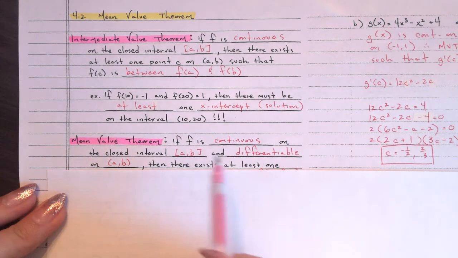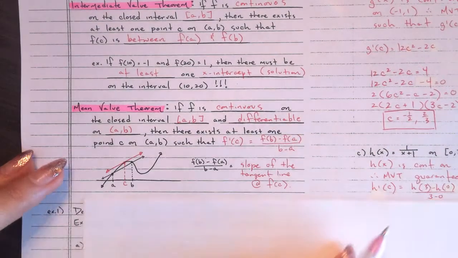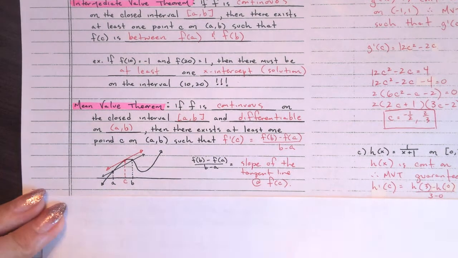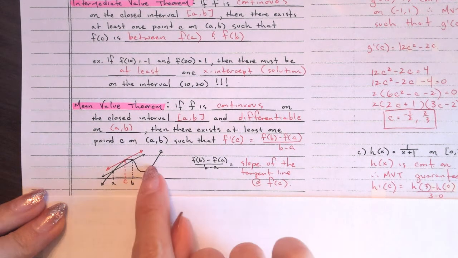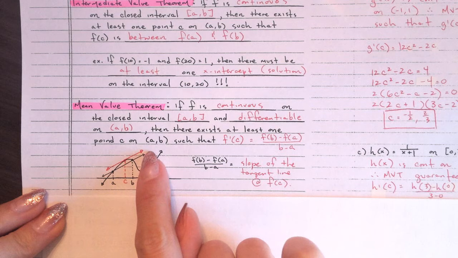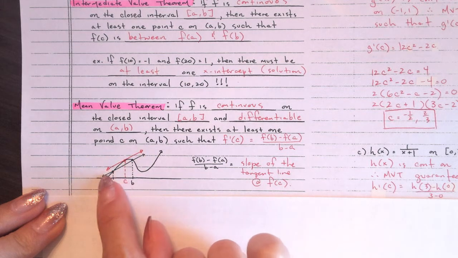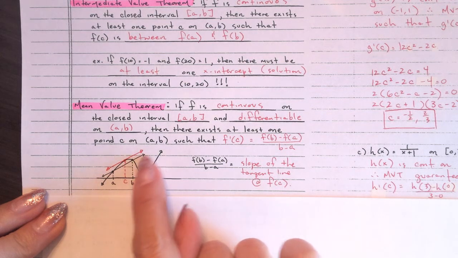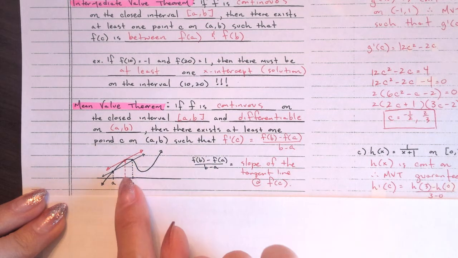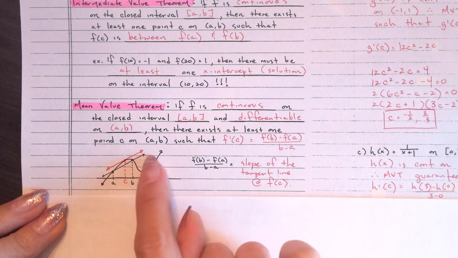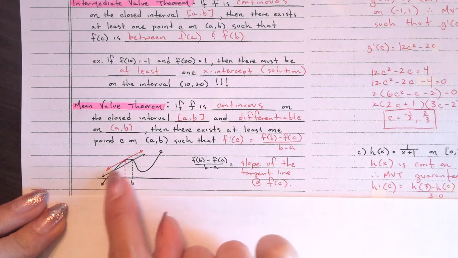And it's saying, okay, if that's true, then there has to be, and we did this on our 4.0, remember? There has to be a place where old school slope, which is from A to B, that secant line, the slope of the secant line, that old school slope, equals some sort of derivative. So where would that be if we were to draw a line parallel to the old school slope?